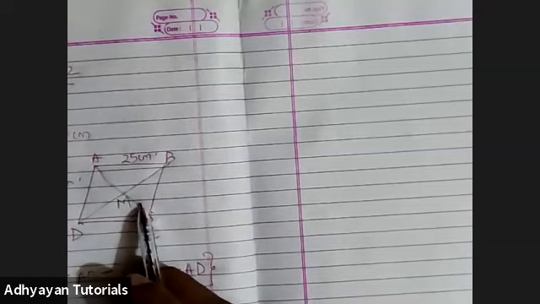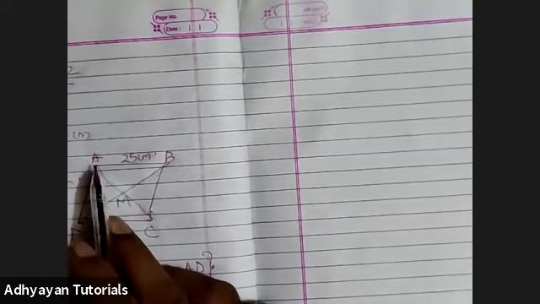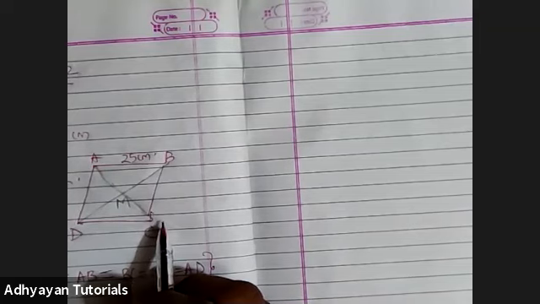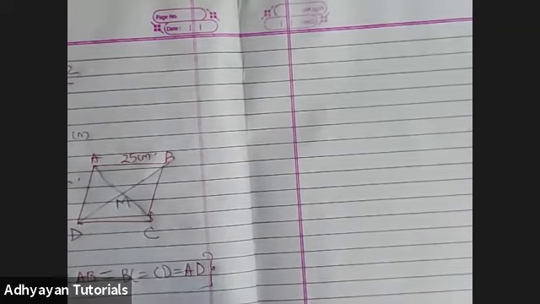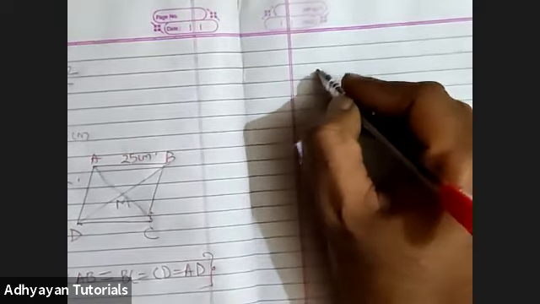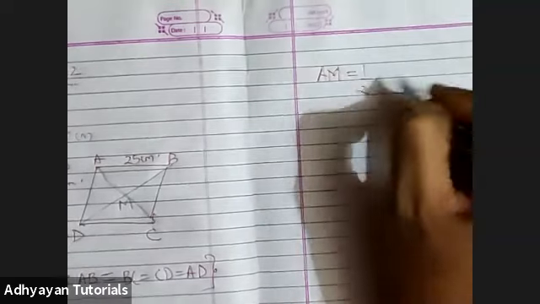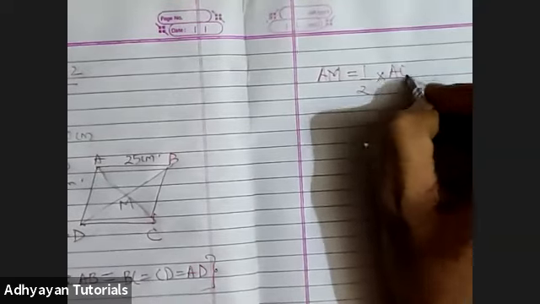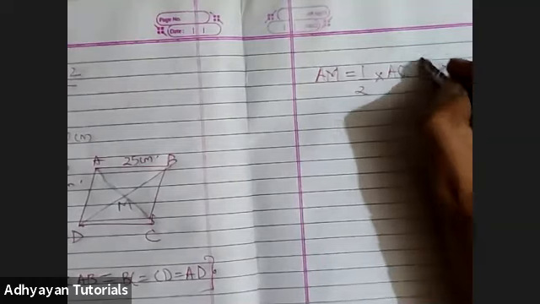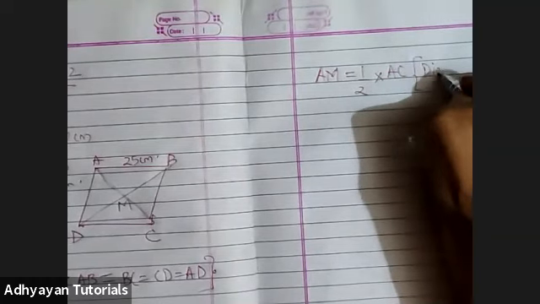And these two equal smaller segments, will they be half of AC, the bigger segment? Yes, perfect. So I'll be stating that AM is nothing but half of AC. And the reason for this will be diagonals bisect each other.